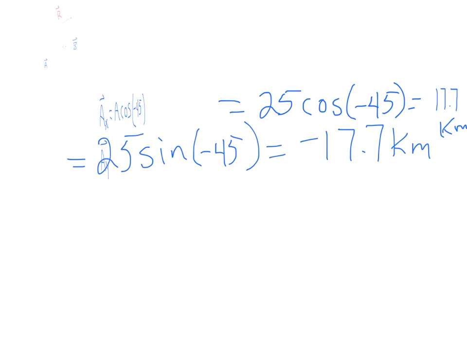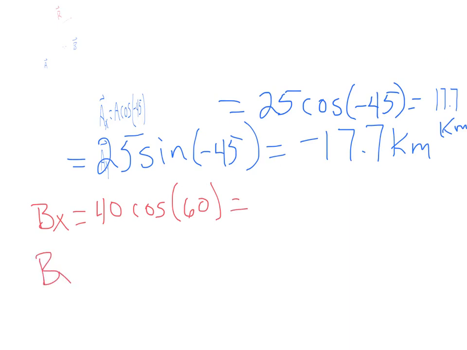Now let's look at B. B of x is going to be, and once again we have to check, are we measured from the positive x-axis, and our angle is actually above the x-axis. So we're good. So this is going to be 40 times cosine of 60.